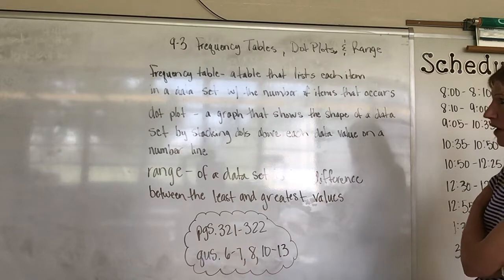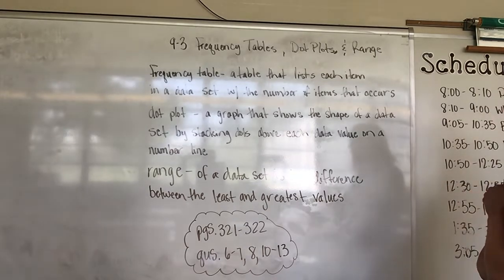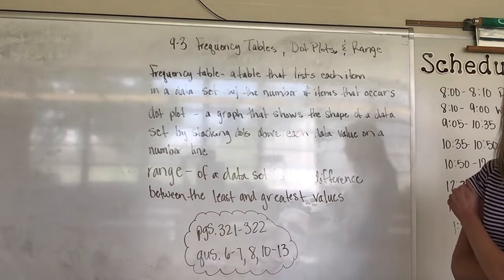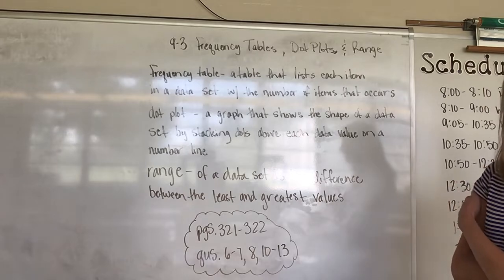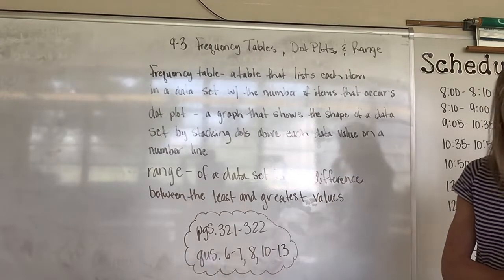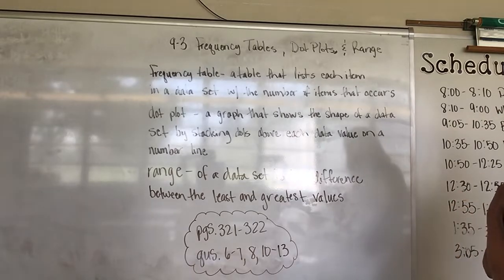This is going to help us because sometimes when we gather data, we want to be able to put it in something that makes a little more sense, that we can read and analyze a little bit better than just having a bunch of things on a piece of paper where it looks pretty random. So putting it into a frequency table will make analyzing data a little bit easier.